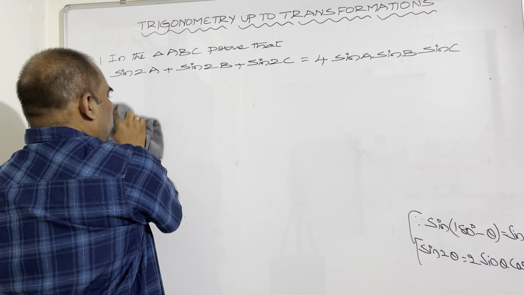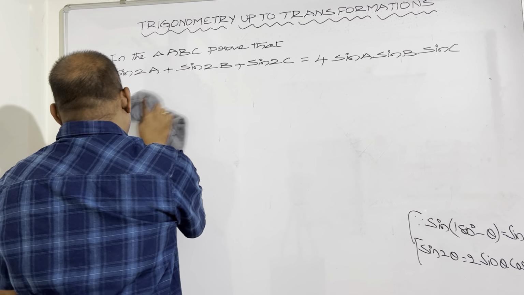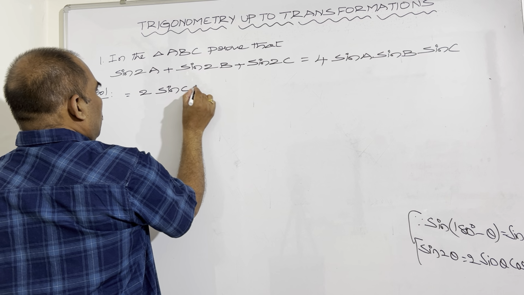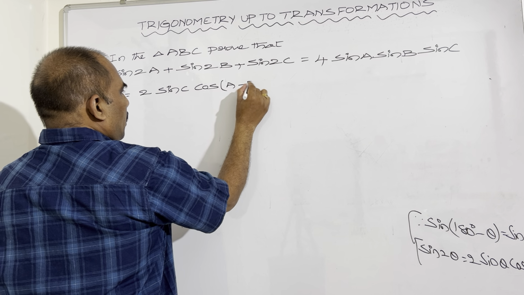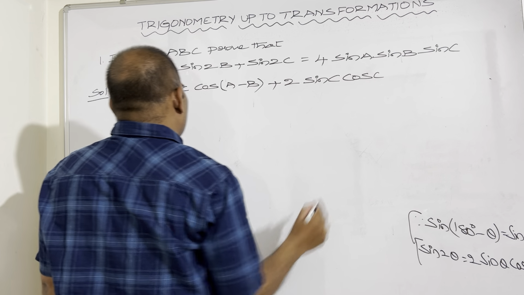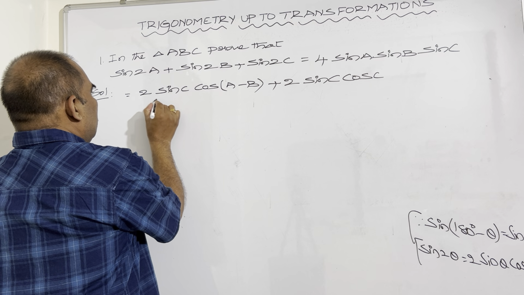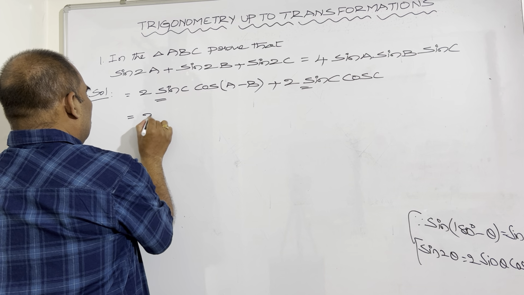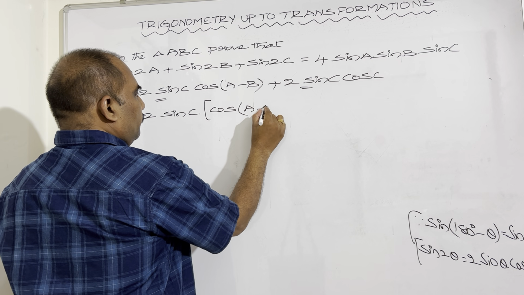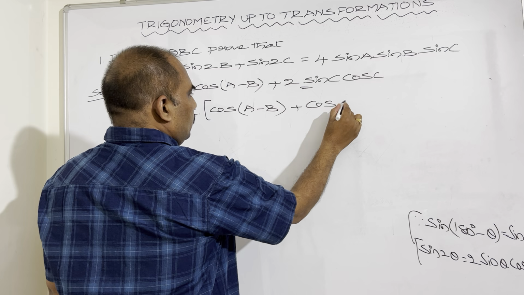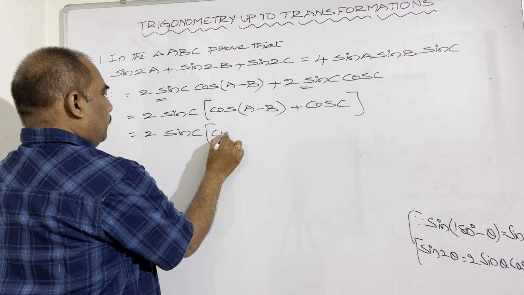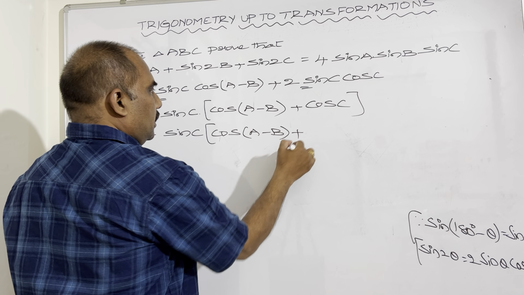The same step I am writing once again: 2 sin C cos(A - B) + 2 sin C cos C. Taking 2 sin C common from both terms, we get 2 sin C [cos(A - B) + cos C].